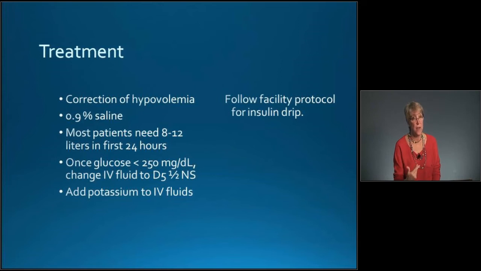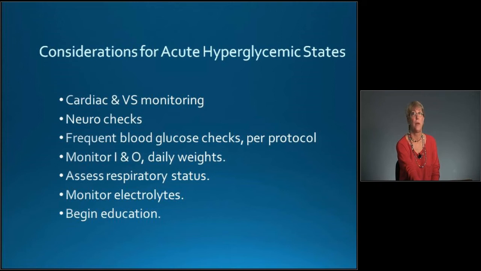So it's going to go to D5 half normal saline, and they're going to add potassium to IV fluids as indicated by monitoring those electrolytes. That's the other diagnostic piece there. So your interventions are going to include hydrating that patient and monitoring their blood sugar and their electrolytes. Again, follow the facility protocol as far as that insulin drip goes. A lot of teaching is going to be needed for this patient.